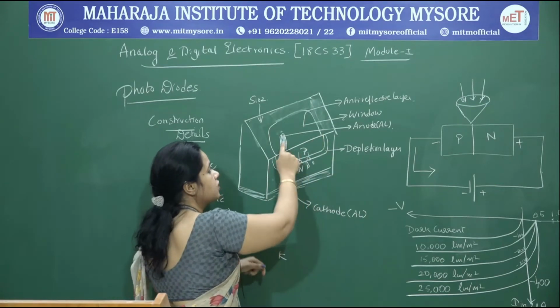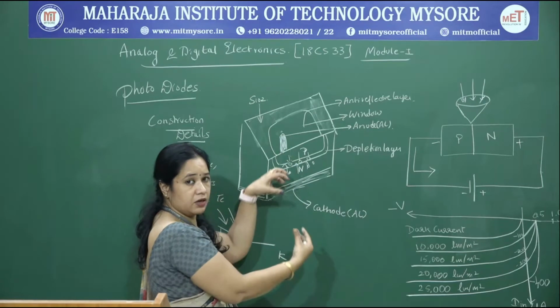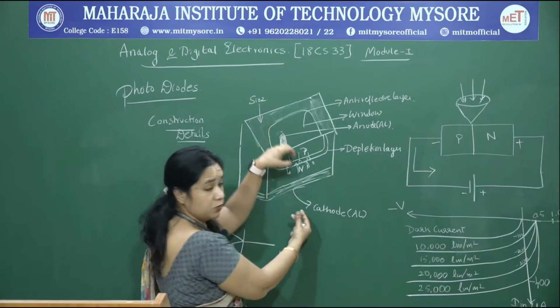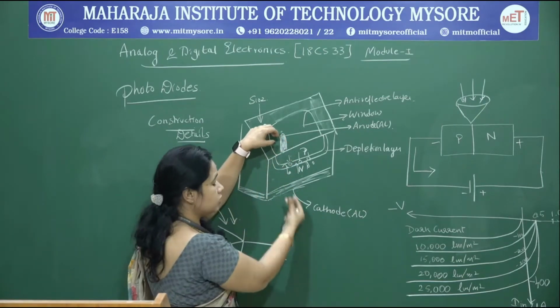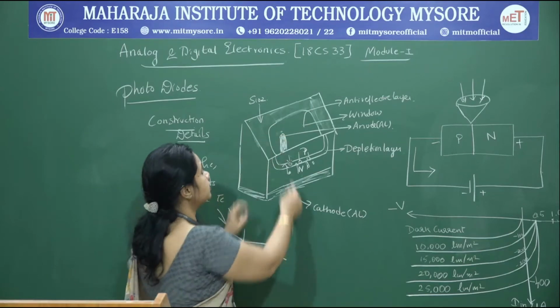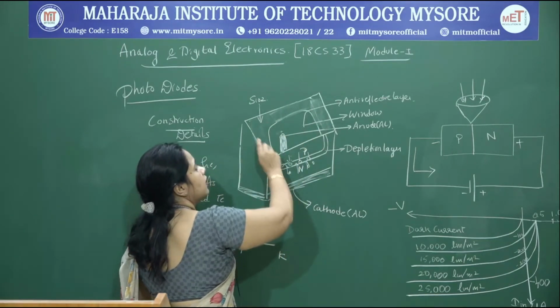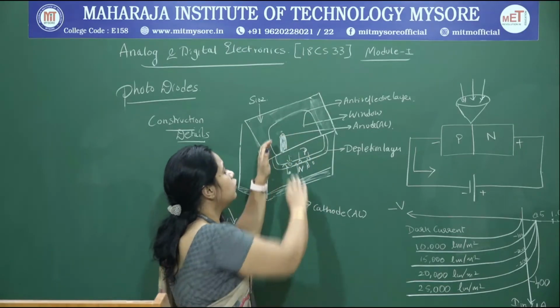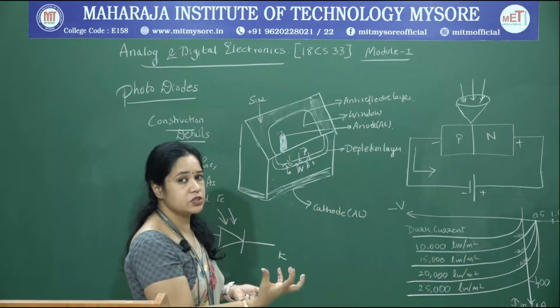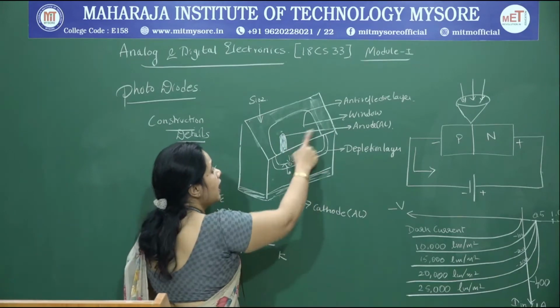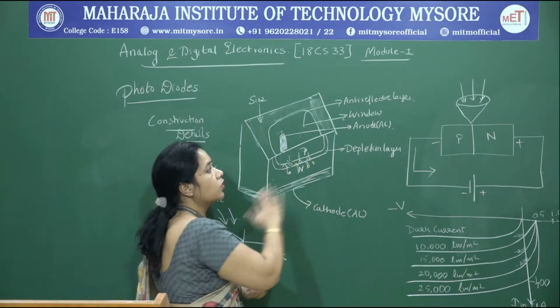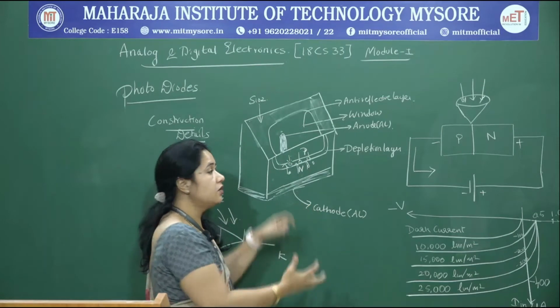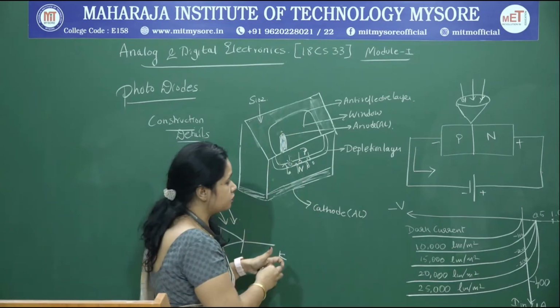We have terminals, metal contacts made of aluminum, at either end to make external connections, and we have a silicon dioxide coating on the top, and also a window to allow light to fall onto the PN junction. This window is coated with an anti-reflective layer to allow maximum absorption.